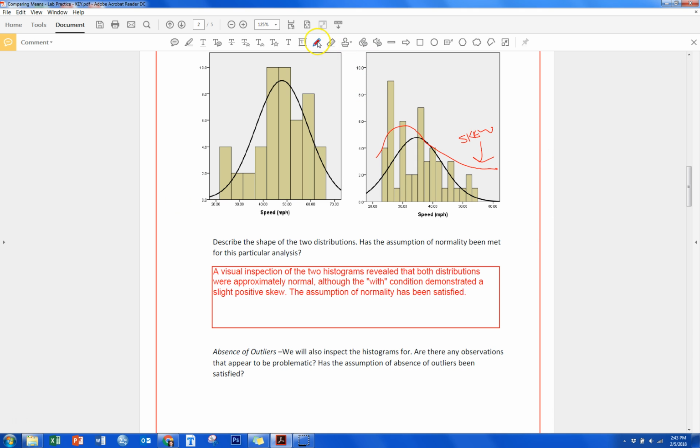So let me show you what that would look like. All right, so let's suppose this graph continued this way, this histogram. We're at about 25 miles an hour right there. Here's 10. Let's say somebody was going down the road at 5 miles an hour, right over here. Let's pretend we had an observation right over there, okay?